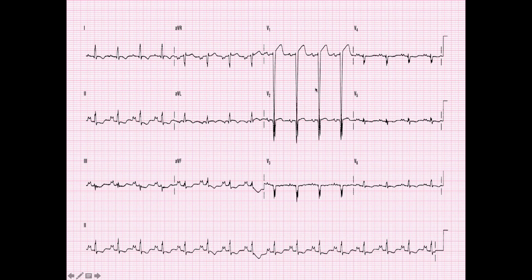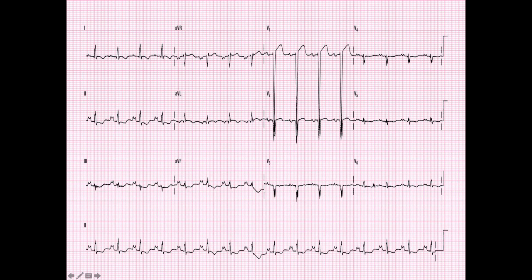So we're going to say no. Do we have any ventricular hypertrophies? Kind of looks like we have left ventricular hypertrophy. Right, V1, this negativity, that is 5, 10, 15, 20, 25, 30, 35, 40, 40. Oh my gosh, that's like 45 right there. So we've got left ventricular hypertrophy.